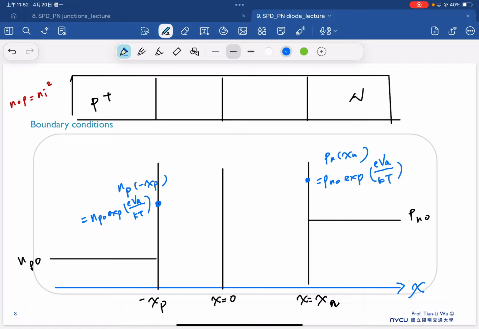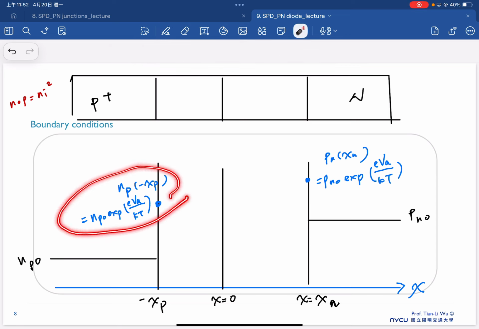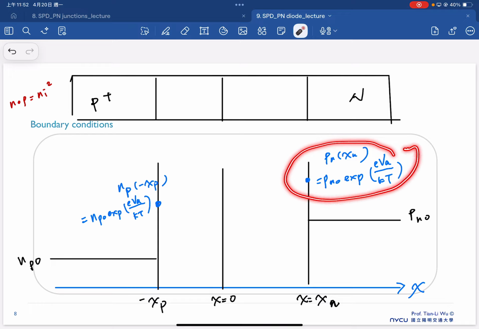And why do we have this? From the mathematics, we showed this already, right? From the last slide, we derived this equation.